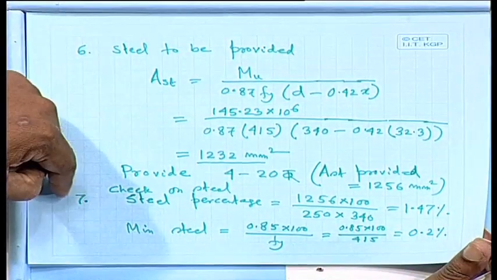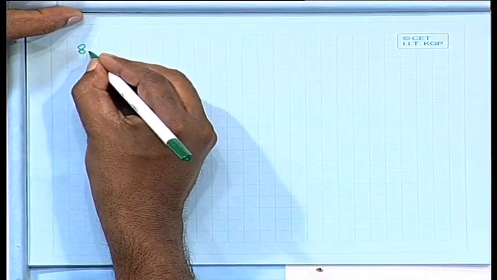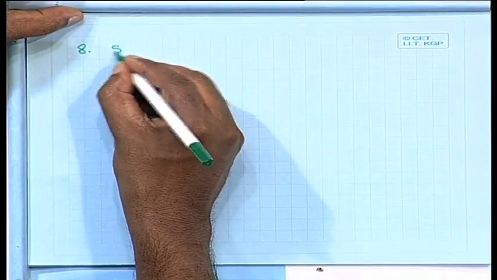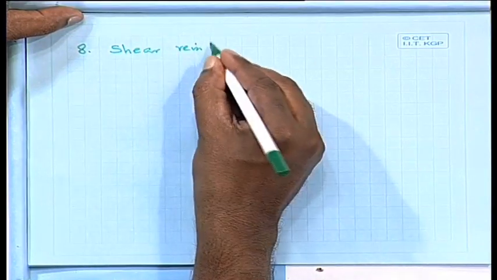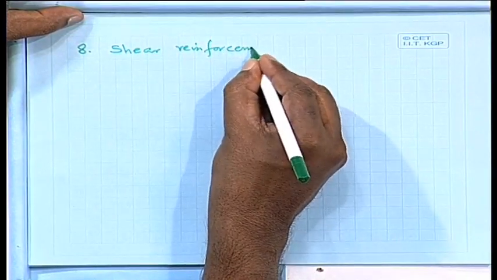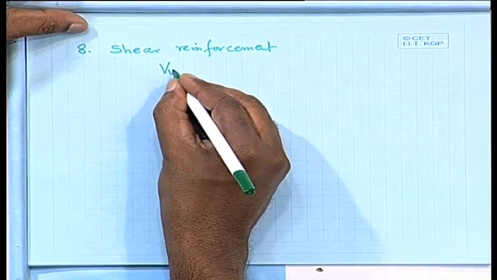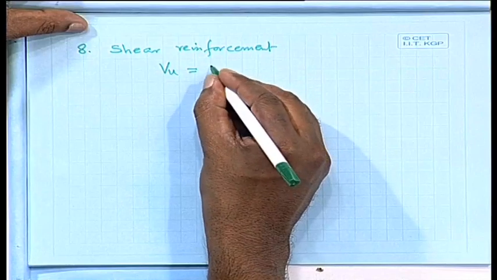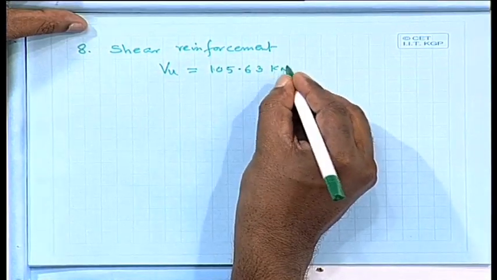So, that we are checking in this case. Number 8, let us come to the same problem, the shear reinforcement. How much is our Vu? That is 105.63 kilonewton.